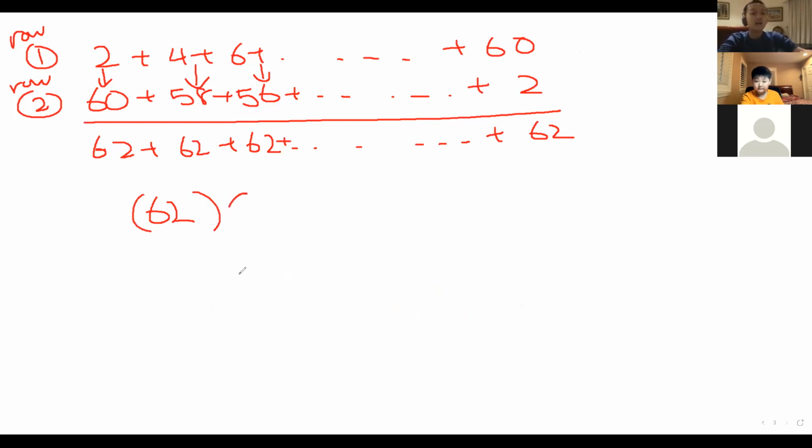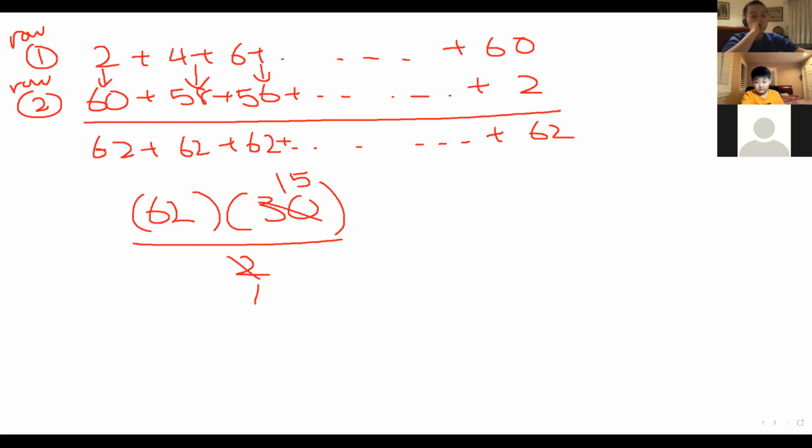So 62 times 30 divided by 2, following the formula. And then what does this give us? Again, we can cross simplify. There's a whole bunch of stuff we can cross simplify with. I can do 1 and 15, or you could have cross simplified with the other one. The other one would have probably been the easier choice.